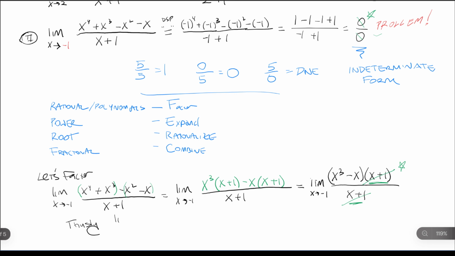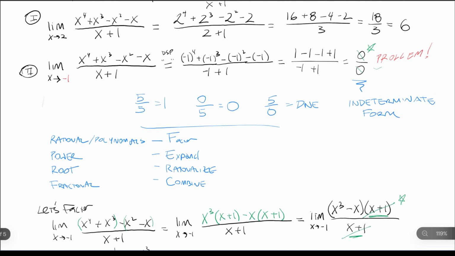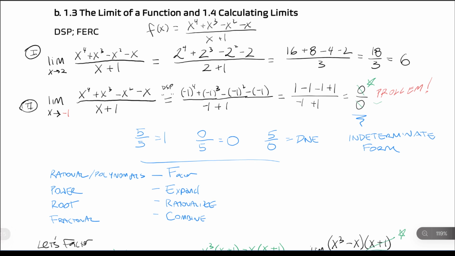Okay, the limit as x approaches -1 is equal to the limit as x approaches -1 of just x cubed minus x. Now, let's go ahead and look at this algorithm and go right back to where we started. Where did we start? The first thing we started with was DSP, right?